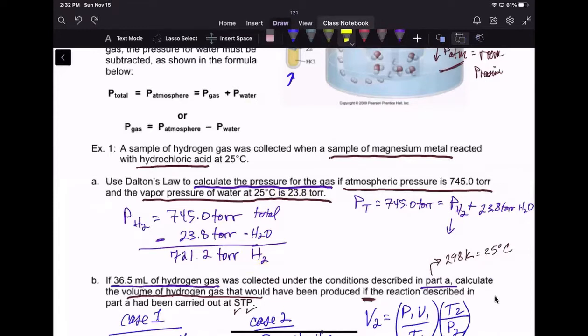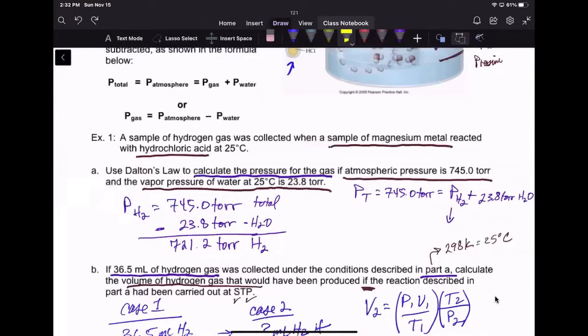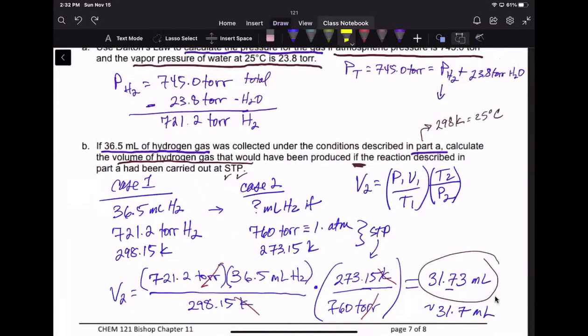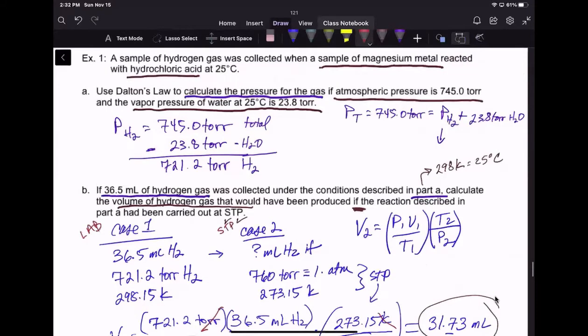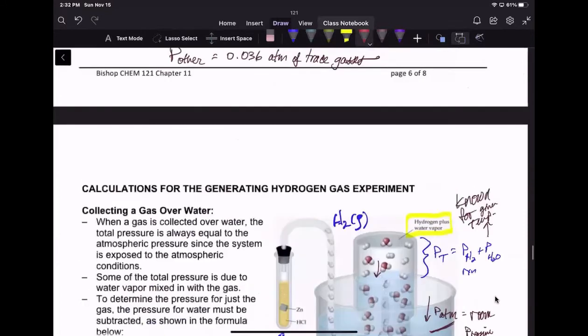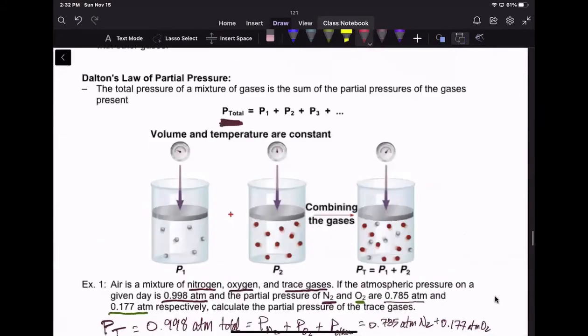We'll use that pressure of hydrogen gas to convert it from the lab conditions, right? So here we're looking at the lab conditions, and we are comparing that to the STP conditions, because then we can compare that value to our ideal gas law of 1 mole.